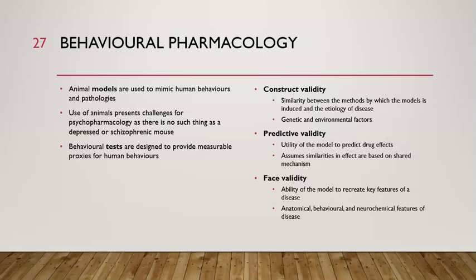So we can't use a mouse model for that, right? We do have these behavioral tests that have been designed to provide a measurable proxy for human behaviors so that we can look at very common behaviors that are common to multiple disorders and diseases and look at the face validity, predictive validity, and construct validity of these animal models.